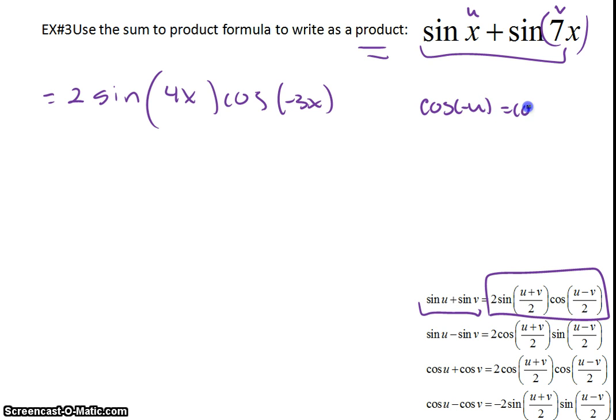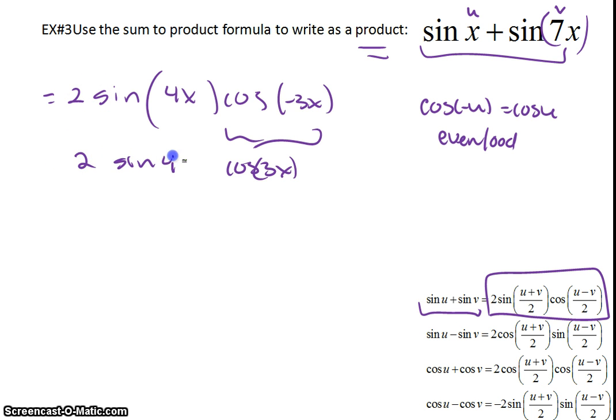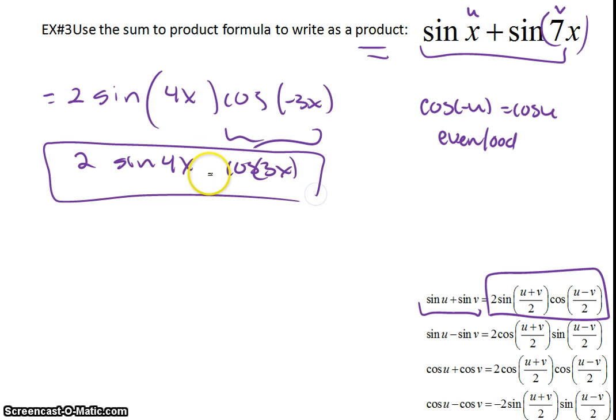Cosine of minus u is cosine of u, which tells me that this bit is just cosine of 3x. Okay, so that's your even odd. And then I have 2 times the sine of 4x. So this is a product. Okay, we are multiplying here. So we went from a sum to a product, and that's what the problem asked us to do.